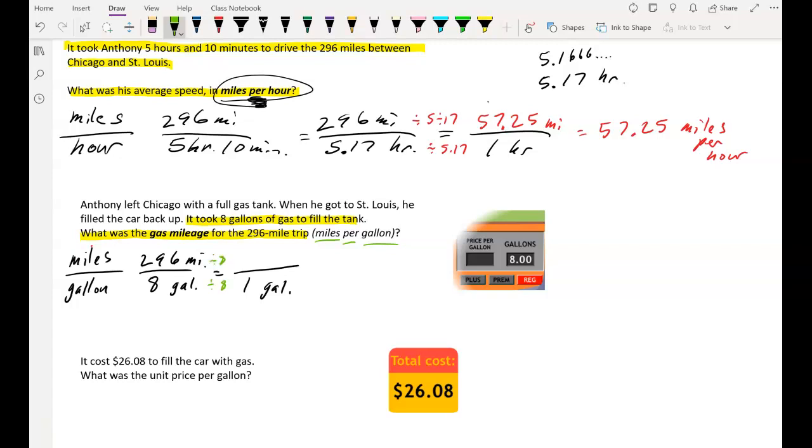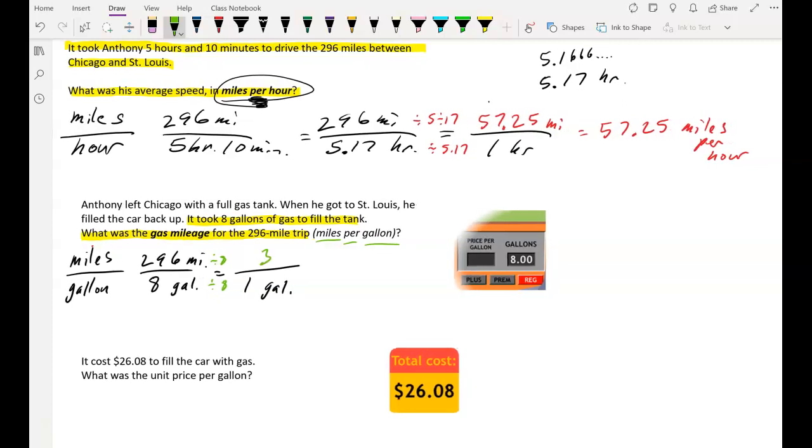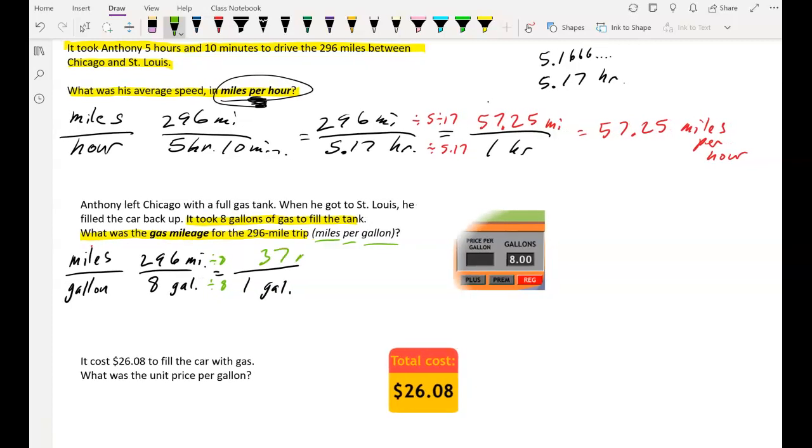Divide by 8 at the top also. 296 divided by 8 is 37. 37 miles for 1 gallon. So, what does that mean? His gas mileage was 37 miles per gallon.